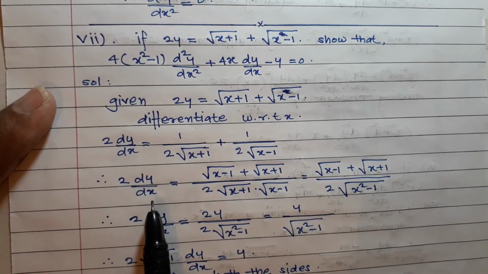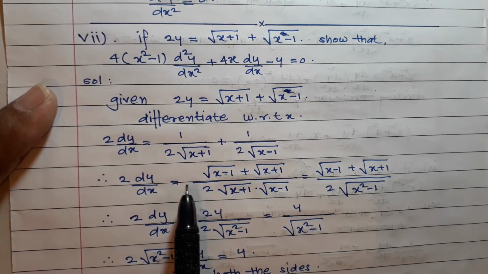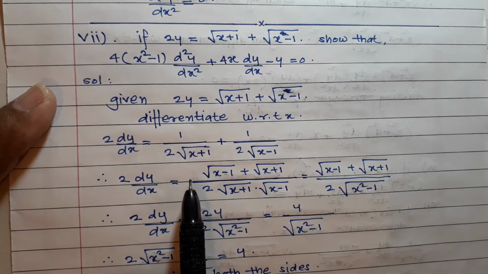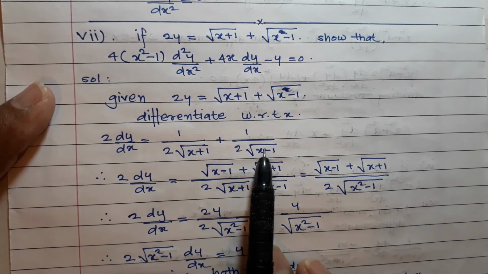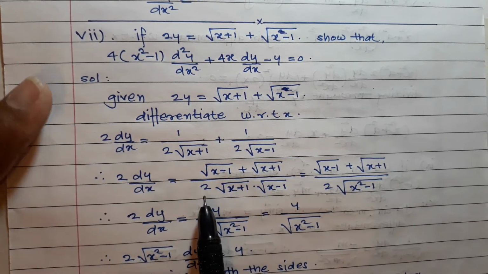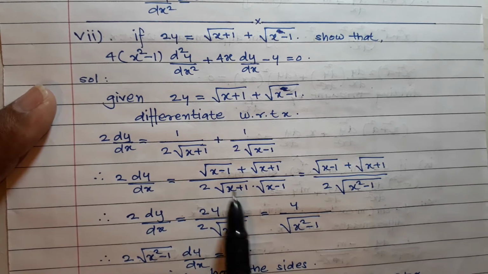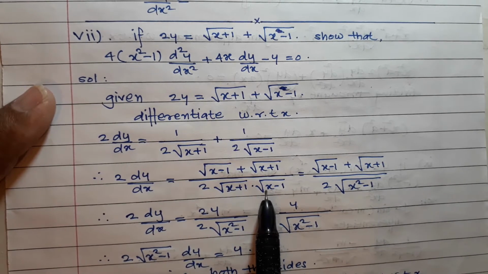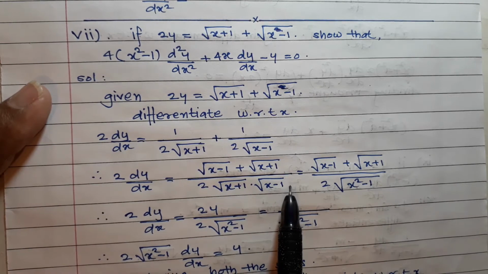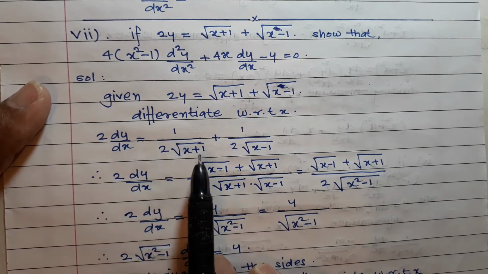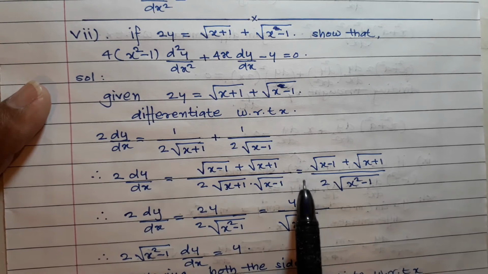So 2 dy dx is equal to, here I add this, so equalize the denominator. Denominator is 2 into root x plus 1 into 2 into root x minus 1. This multiply by this, multiply by this.